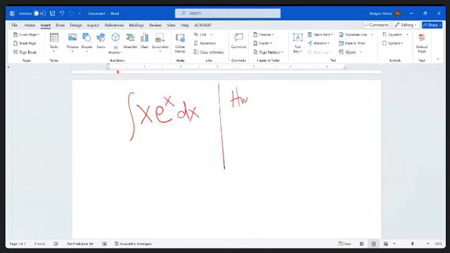I can give a hint here. Let your u be equivalent to x. Let your dv be equivalent to e power x. Let's consider those very fast and see if we can get an answer.